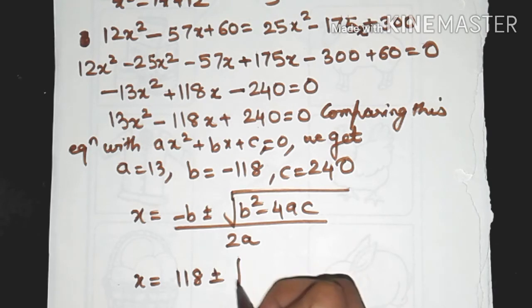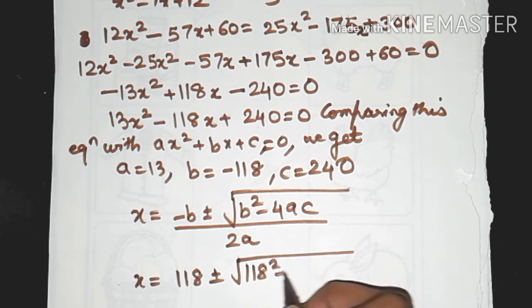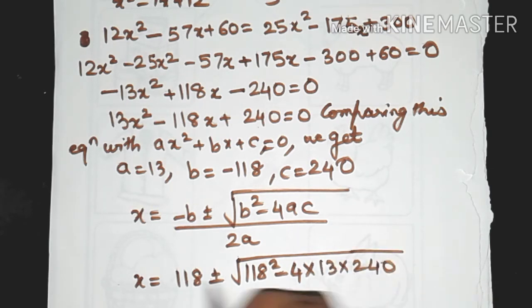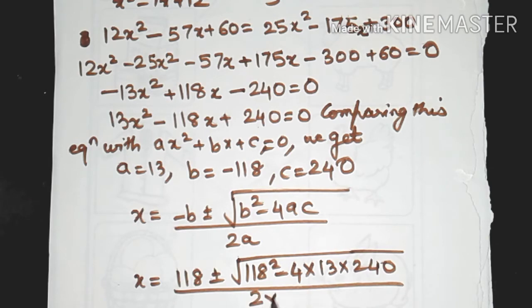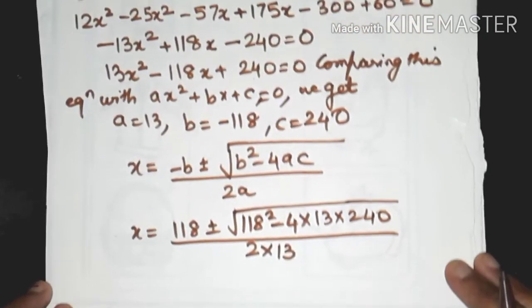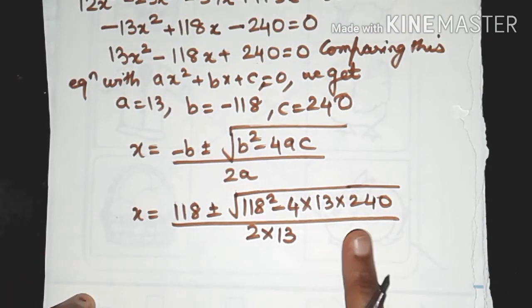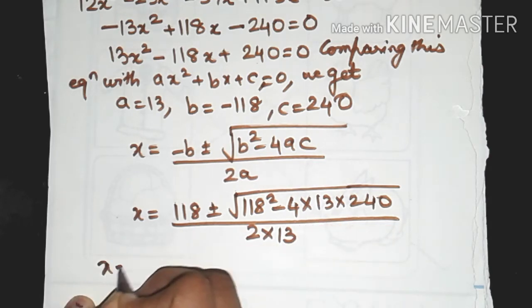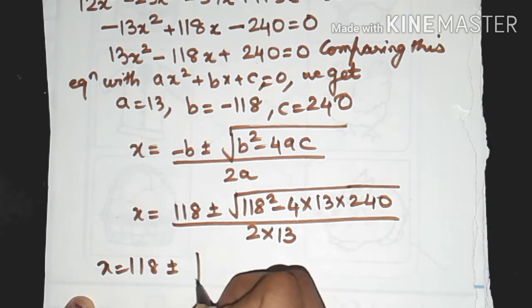118 plus or minus 118 square. These are some real big numbers here, is it not? So friends, you have to do a little bit of careful calculation. Don't make any mistakes. So 118 plus or minus.